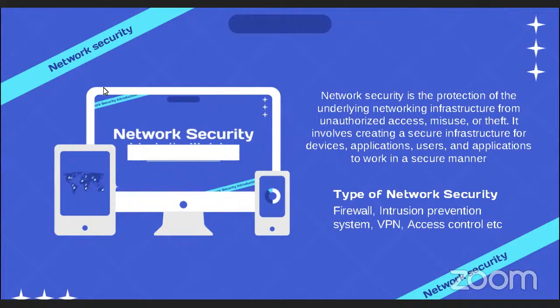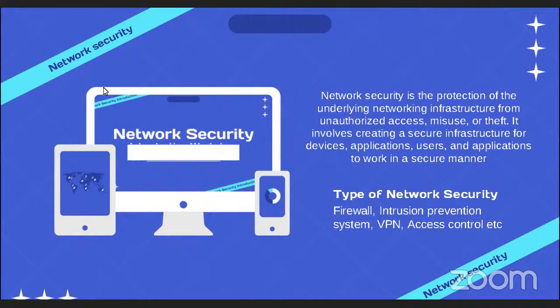You ensure that the data you are trying to send to the other end is not going to be intercepted by the wrong person. It's not going to land in the wrong hands, right? And the devices you are going to use to perform these connections, you have a way to secure them. You ensure that they are secure as well, right?